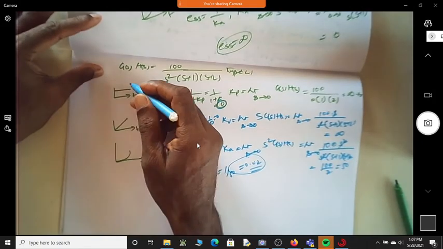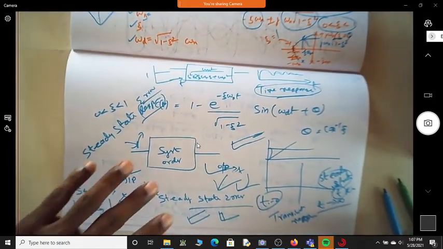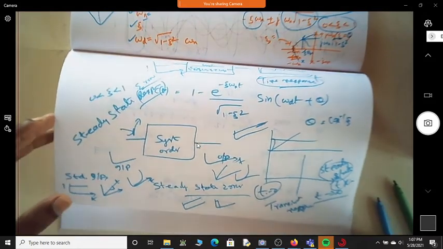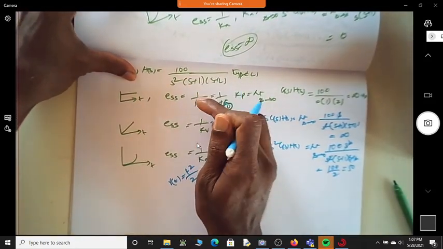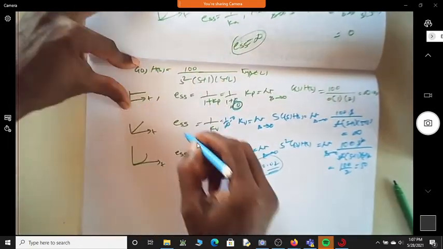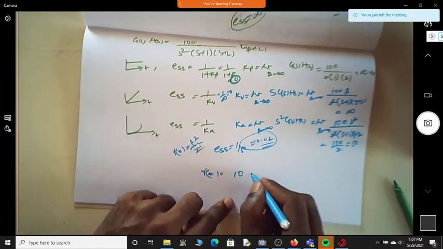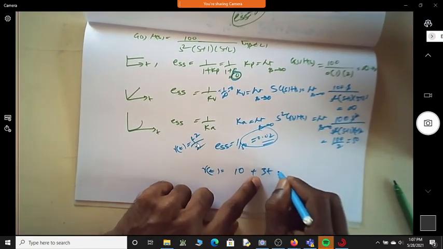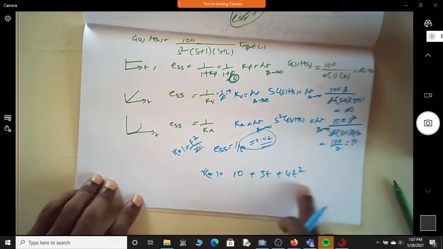So this is one more concept of trying to understand the time response of a system. A system which has a certain transfer function need not have only this type of input. Assume that for this system I have an R of t which is 10 plus 3t plus 4t square. This is the input that I have applied.